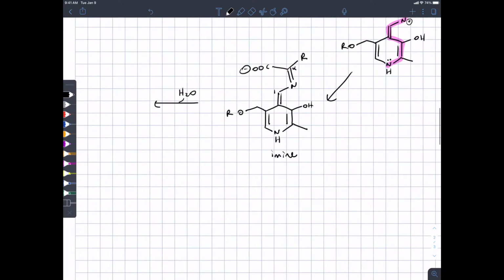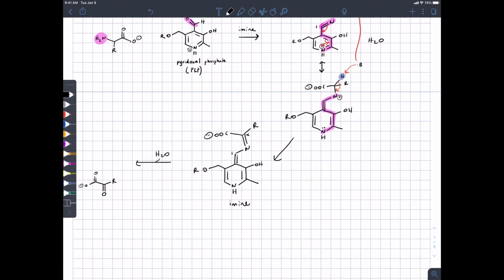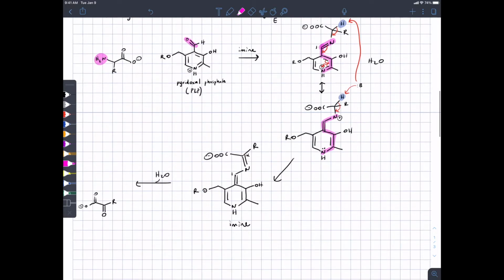And what will happen when we hydrolyze that imine is that we're going to liberate not an amino acid, but an alpha keto acid now. It's like we took this nitrogen, we popped it off the amino acid, and it ends up in our pyridoxal phosphate cofactor that is going to look like this.